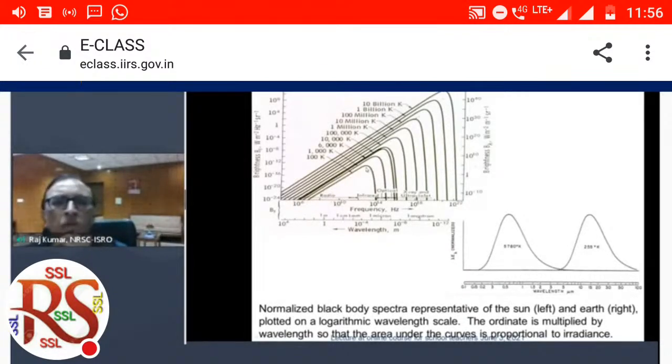So if you have a sensor around this wavelength, you get the maximum radiation, that is, maximum energy. Otherwise, if you have the sensor in other regions, the energy will be less, so the total energy will be less and your detection will be somewhat less.